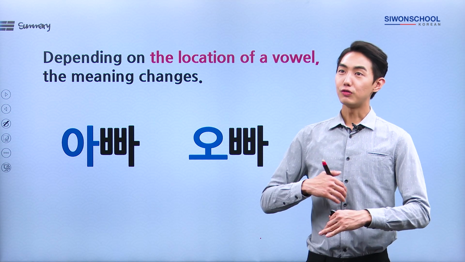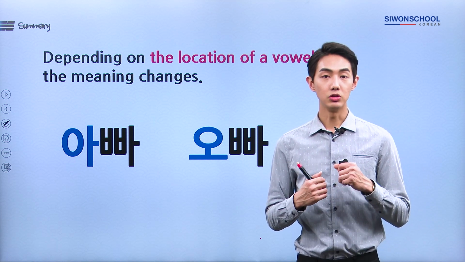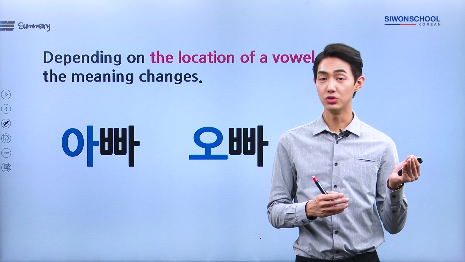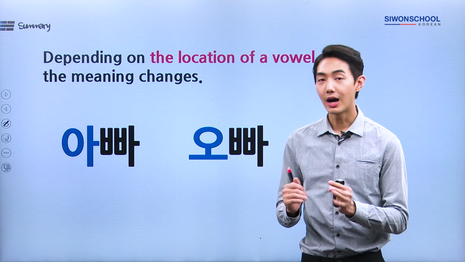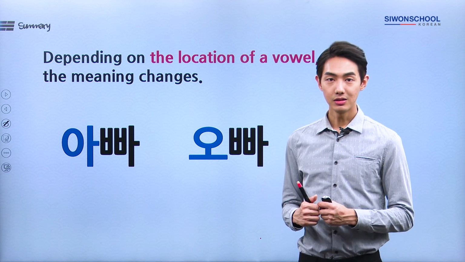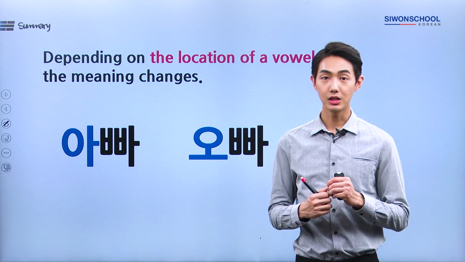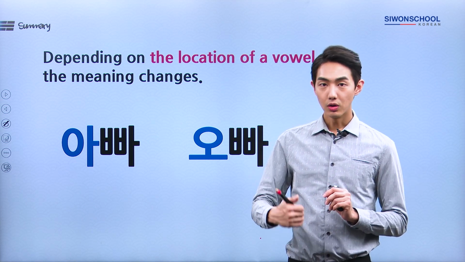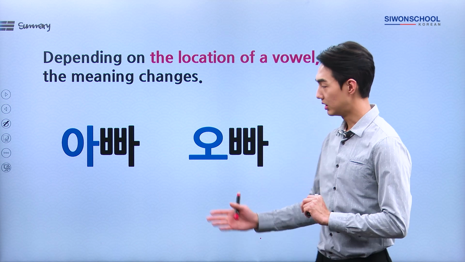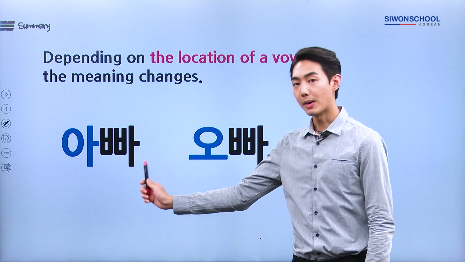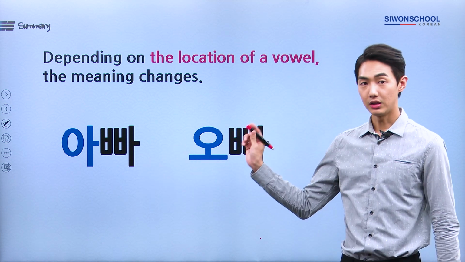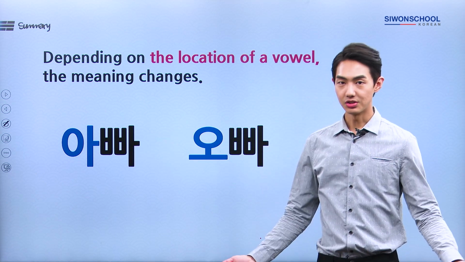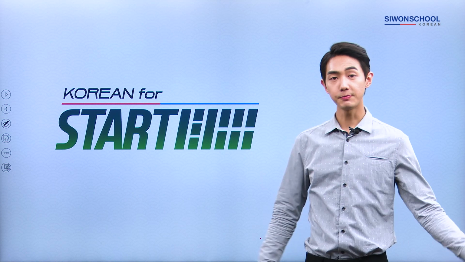Or if you are a couple and you have a Korean boyfriend who is slightly older than you, you also say 오빠, as in like baby, right? So 오빠 actually has a lot of meaning. You can say baby, 오빠, or bro, 오빠, either one is fine. But 아빠 and 오빠, depending on the location of the vowel, what happens? The meaning changes. Okay?